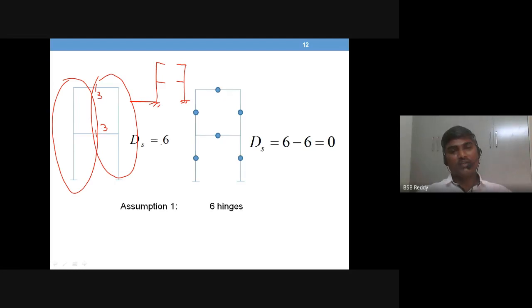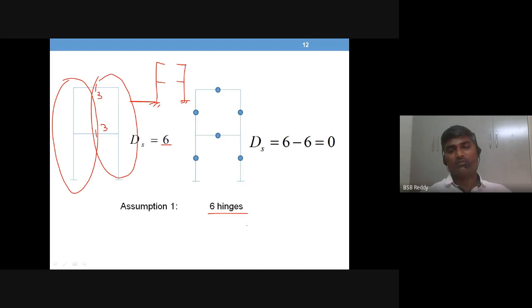So 3 plus 3, 6 excess equations required. 6 excess unknowns are there. So what are those 6 equations? Put the first assumption. So 4 columns and 2 beams, 6.